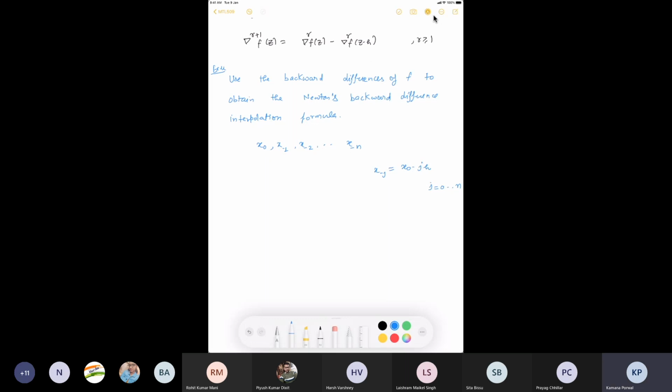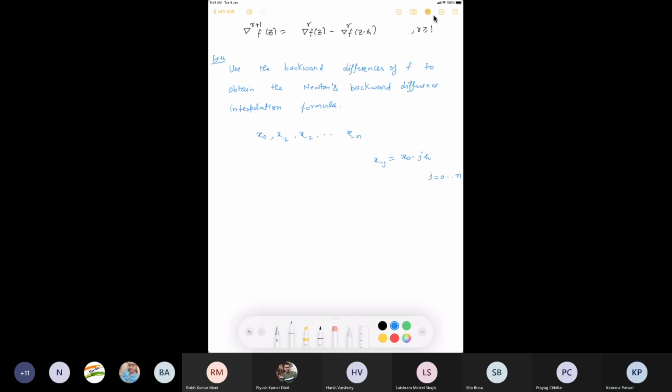With these nodes, you first obtain the relation between the divided differences of F at these nodes and the backward differences. If I take here k, this is going to be the kth order backward difference of F at x0, and you will get some factor, which is going to be factorial k times h raised to power k.